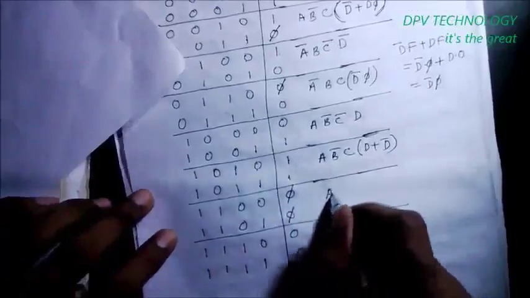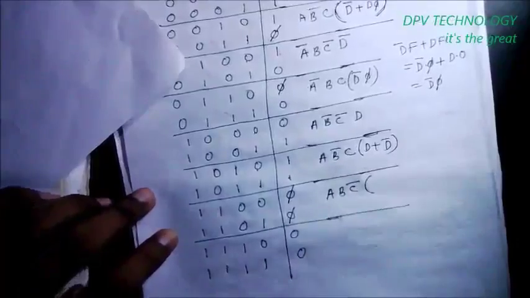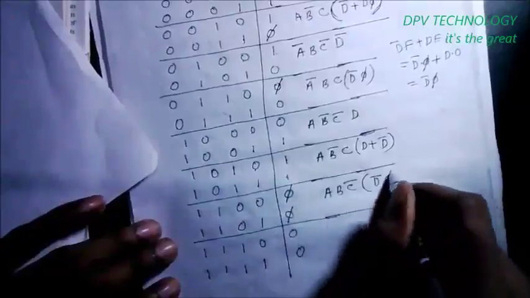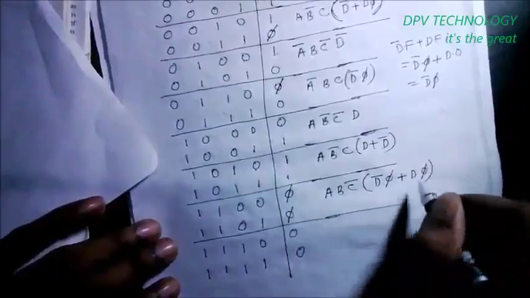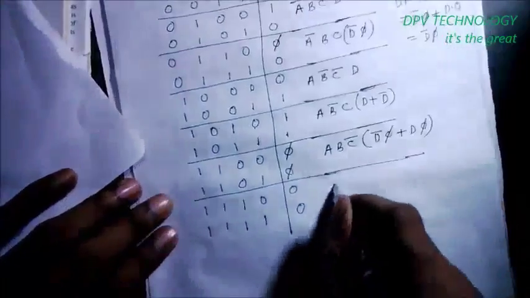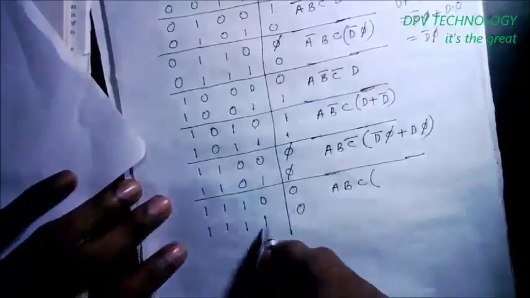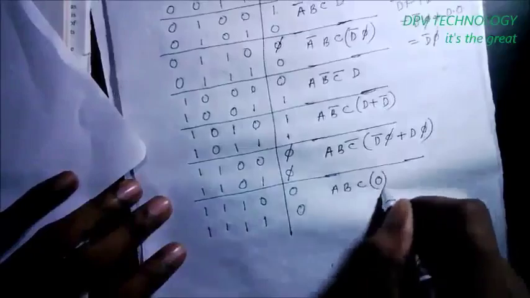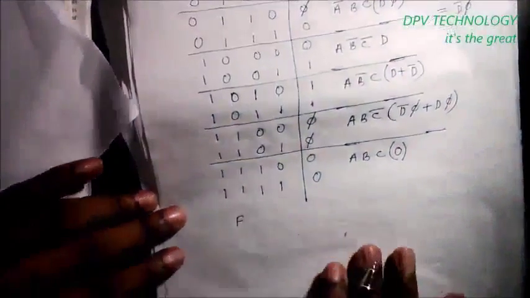Here you will get A, B, C bar, then D bar don't care, or D don't care. Then at last we get A, B, C. When D is 0, F is 0, D is 1, F is 0. That is, it does not depend on D. It will always be 0. So put it directly.